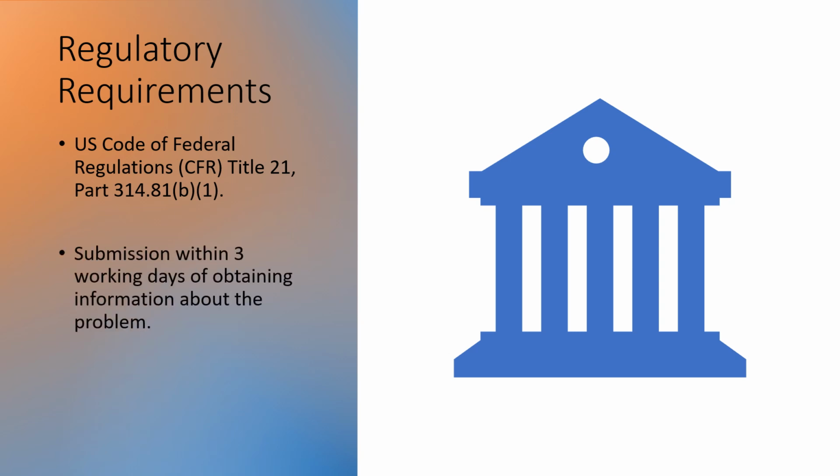FAR submission is required within 3 working days of obtaining information about the problem. So on the date when you get the information that the specification is not meeting your criteria, you need to initiate the FAR. That FAR should be initiated within 3 working days, or you can say 3 business days, right?